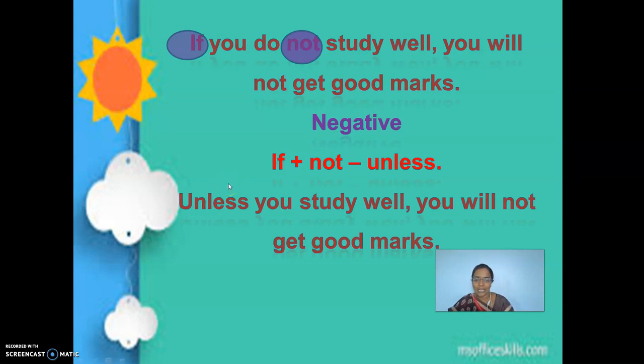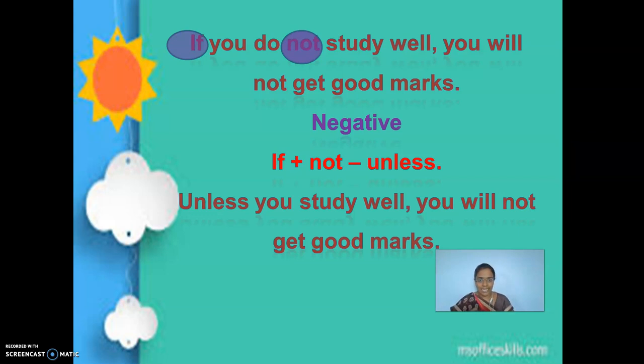So, what I am trying to tell you is, you can write the statement in two ways. One, you can write it like this: if you do not study well, you will not get good marks. Or you can write this sentence as, unless you study well, you will not get good marks. So, to recall, I have told you two types of sentences.